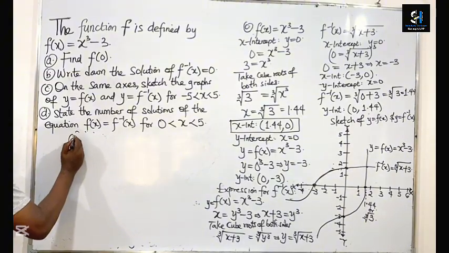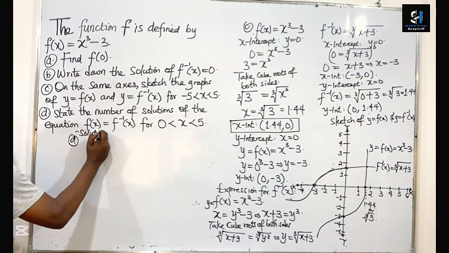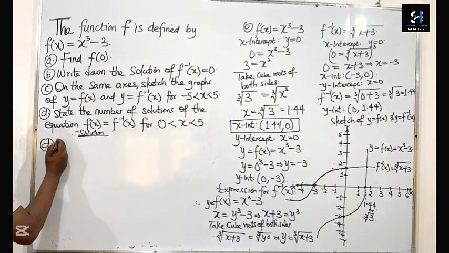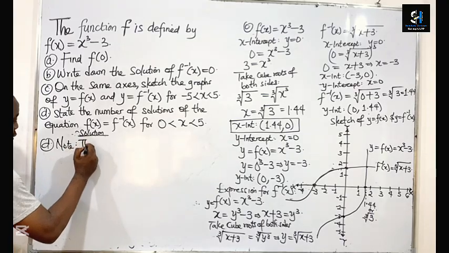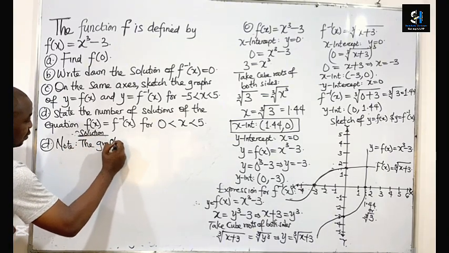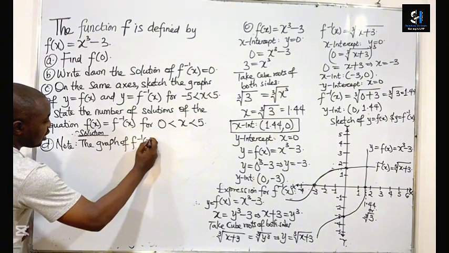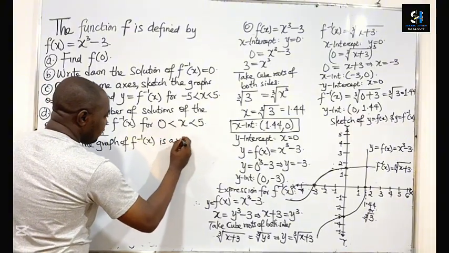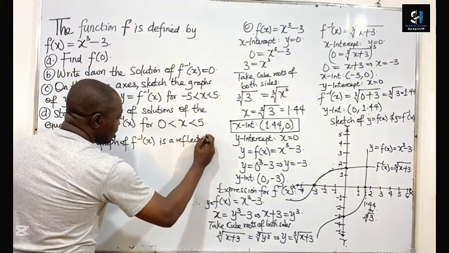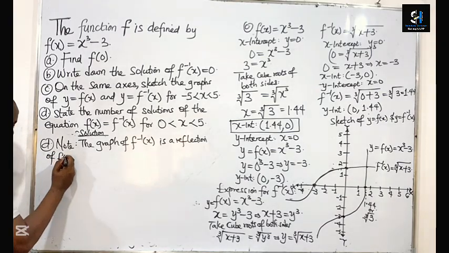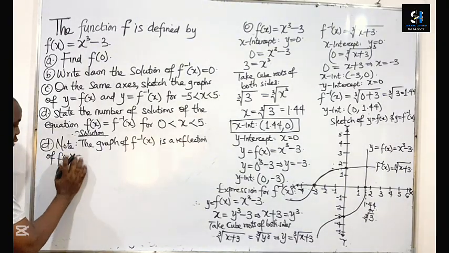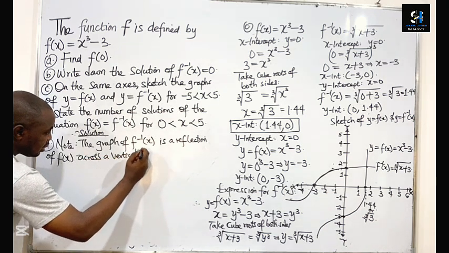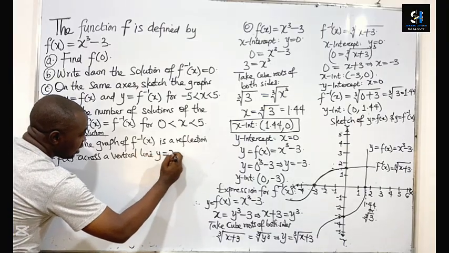For D, solution D. Now, note the graph of the inverse function, that is the inverse function of x, is a reflection of f of x across the line y equals x.